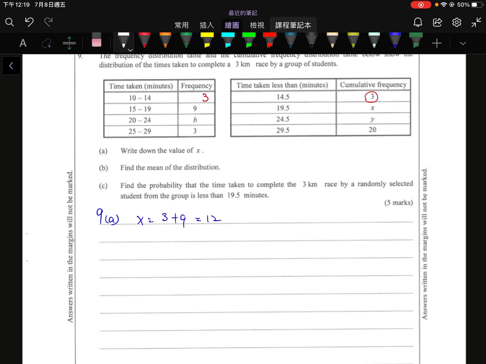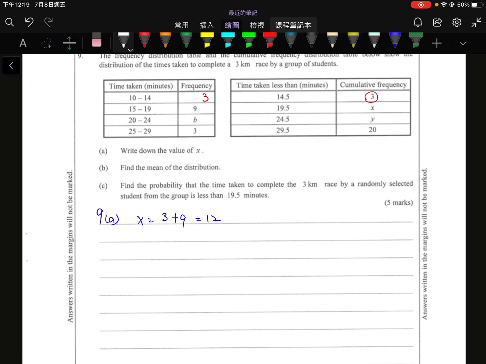You can do it from another direction. Based on the cumulative frequency, the number smaller than 29.5 is 20. So in total, there are 20 people in the survey. That means the total number of data is 20.